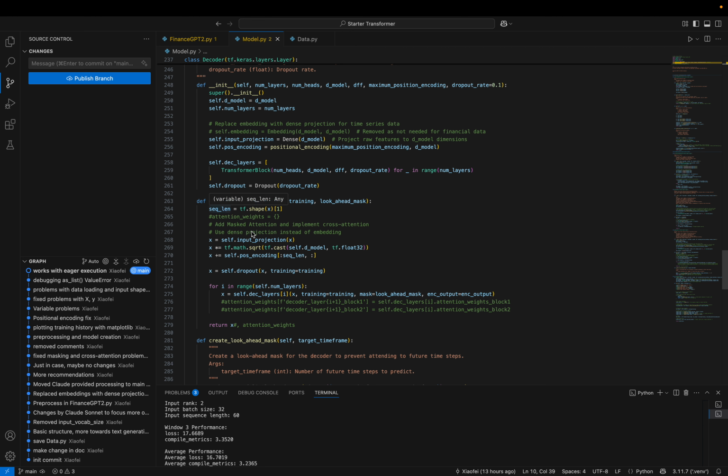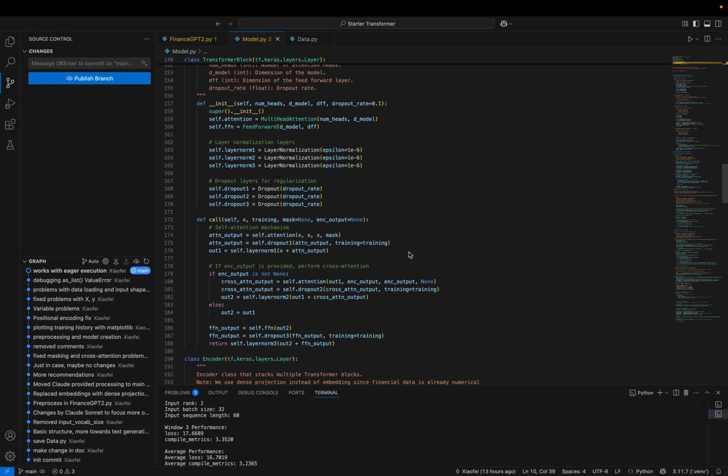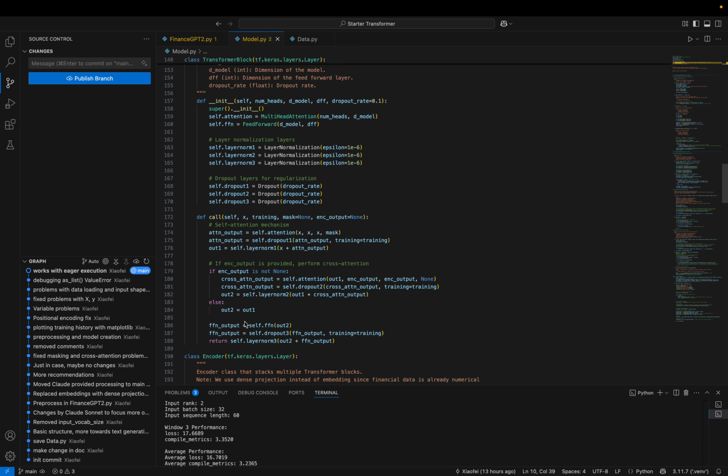Okay, in the call function, the transformer block is passed the mask and the encoder output. So let's go to that. The mask is then passed to self attention, or it's added to the other self attention matrices, and then if the encoder output is provided, it calculates the cross attention score.